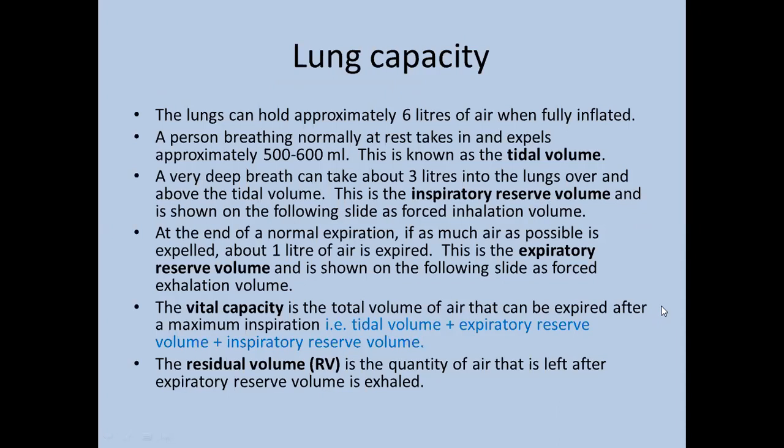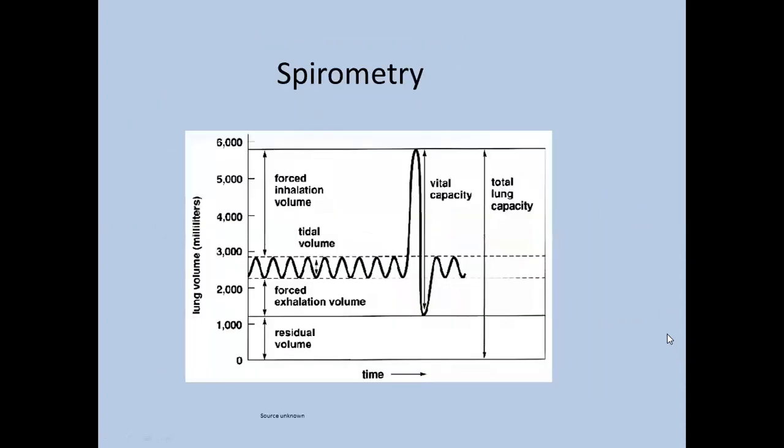Vital capacity is the total volume of air that can be breathed out, or expired, after a maximum inspiration. So if a person has taken the deepest possible inhaled breath and pushes out the maximum volume of air that they can breathe out after that, then that total volume is referred to as vital capacity.